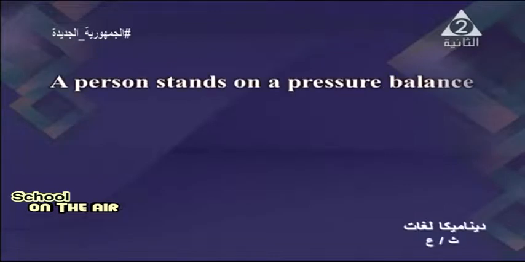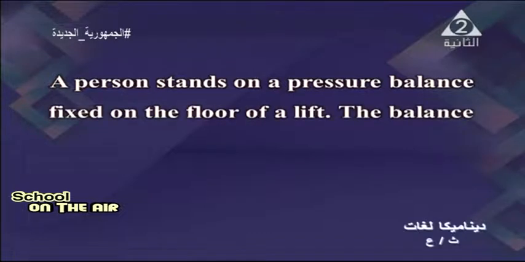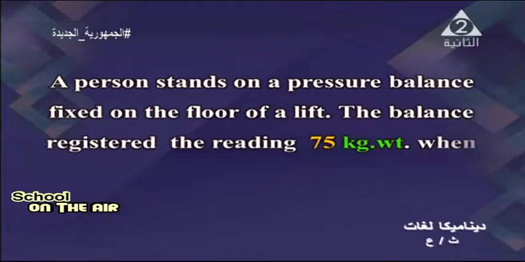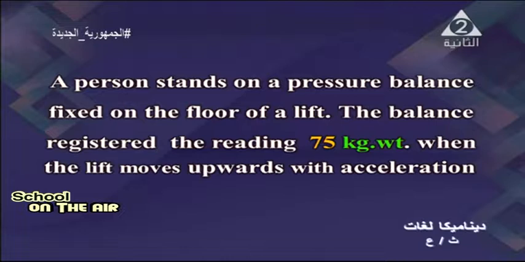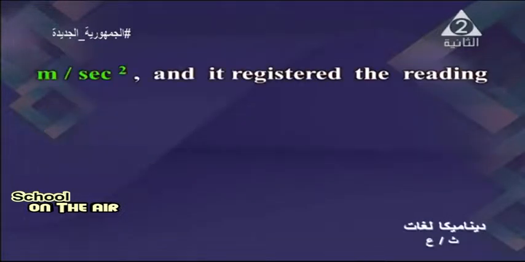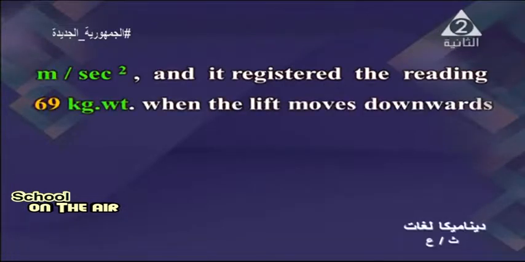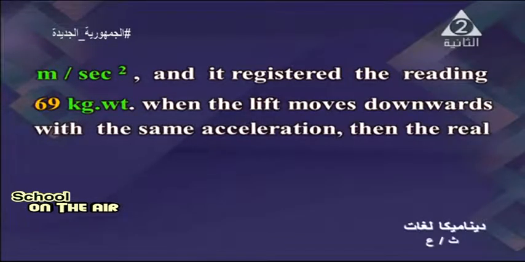Another question. A person stands on a pressure balance fixed on the floor of a lift. The balance registered the reading 75 kilogram weight when the lift moves upward with acceleration a meter per second squared, and it registered the reading 69 kilogram weight when the lift moves downward with the same acceleration.